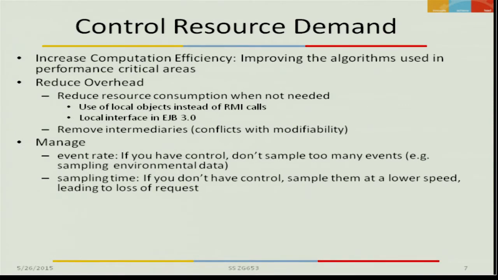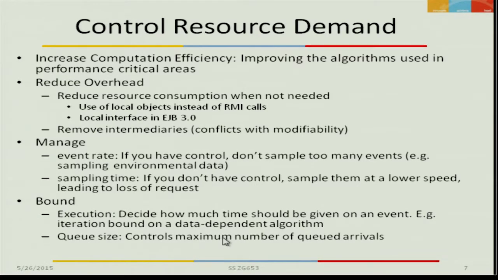You decide a certain sampling time and let the system sample only periodically during that sampling time. So basically, sample them at a lower speed. What that means is that you are going to reject many such inputs, and you have to decide as an architect to what extent you can reject and lose requests and still do the computation properly.